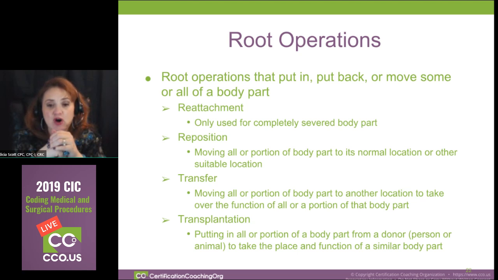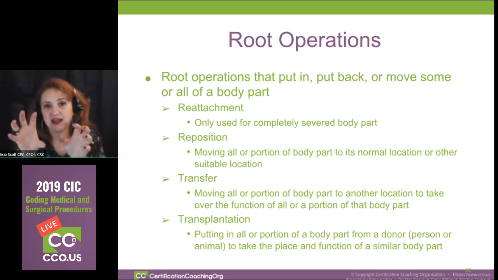Transfer, we're moving all or a portion of the body part, just like in reposition, to another location to take over the function of all or a portion. So this is where you get into skin transfer.